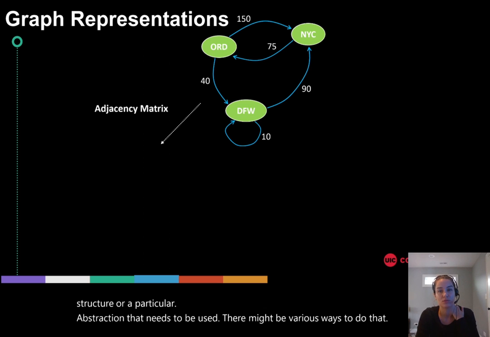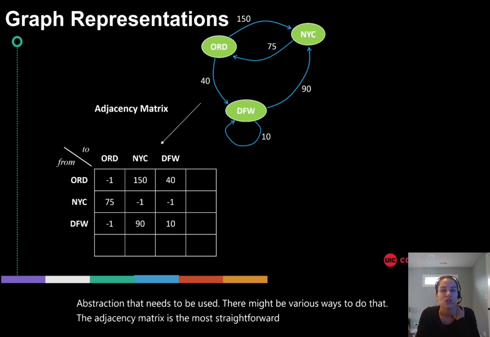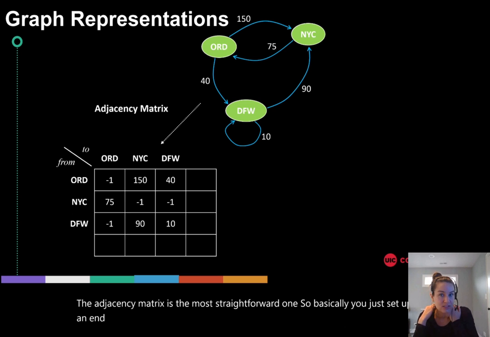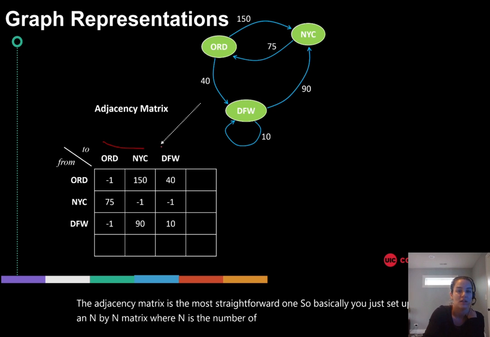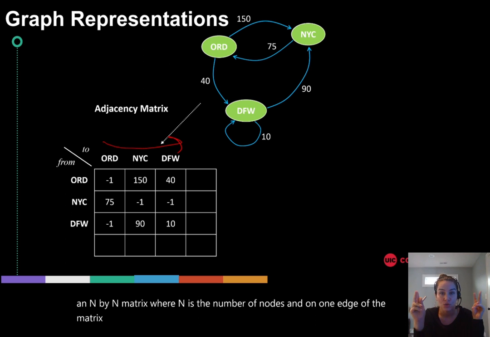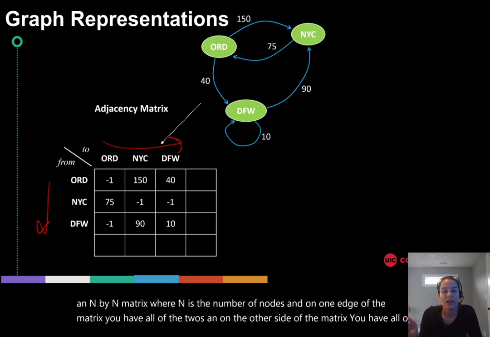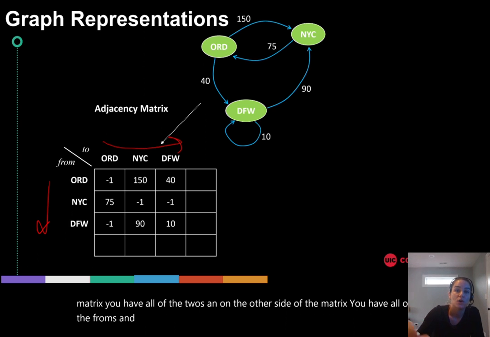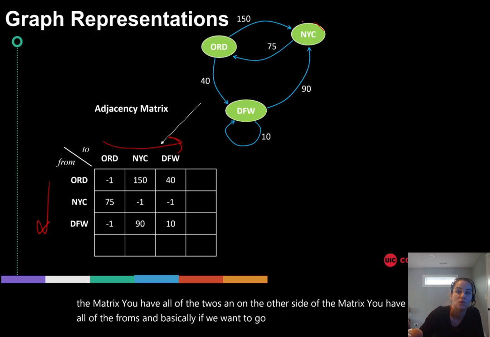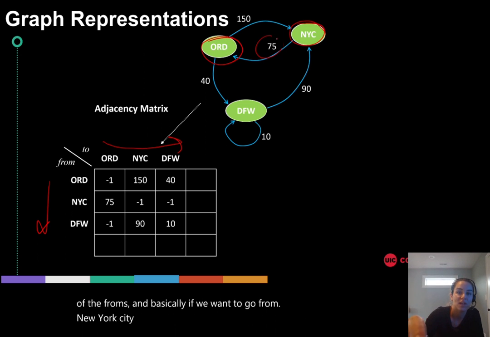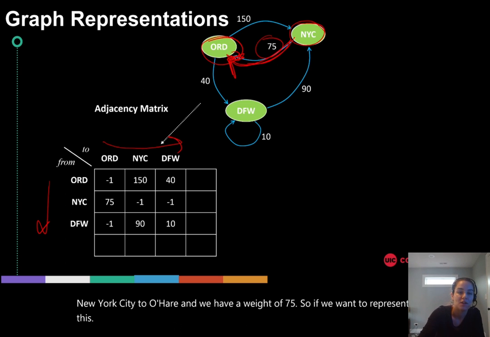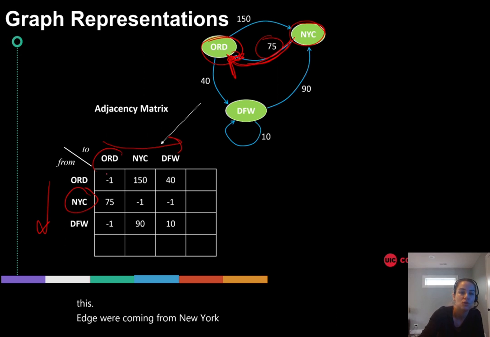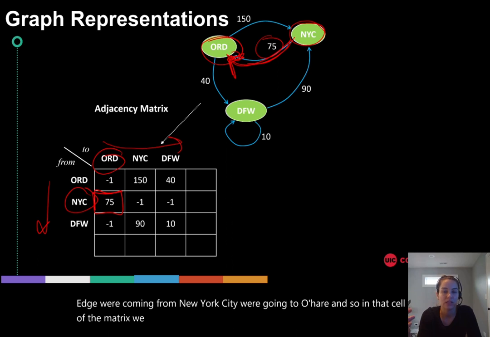Now, the adjacency matrix is the most straightforward one. Basically, you just set up an n by n matrix where n is the number of nodes, and on one edge of the matrix you have all of the tos, and on the other side of the matrix you have all of the froms. If we want to go from New York City to O'Hare, and we have a weight of 75, to represent this edge, we're coming from New York City, going to O'Hare, and in that cell of the matrix we could represent the weight.